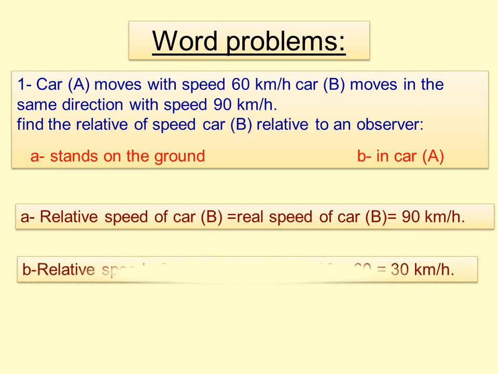In the second case, relative speed of car B equals V2 minus V1 if they move in the same direction, so 90 minus 60 equals 30.